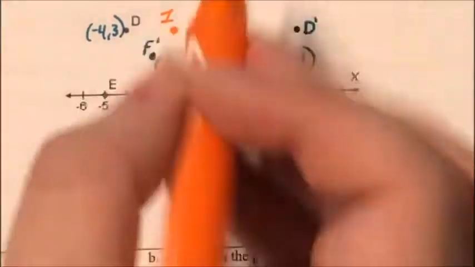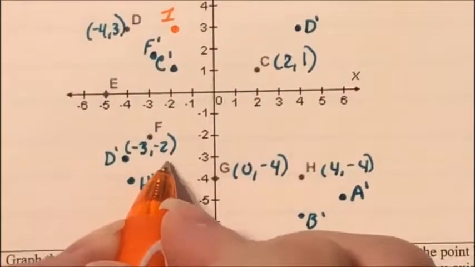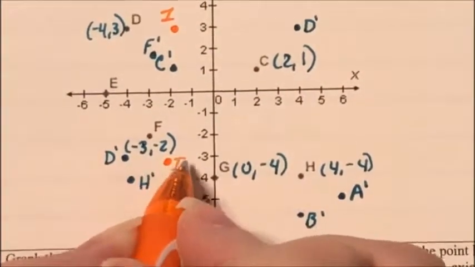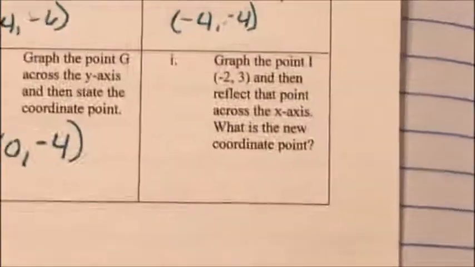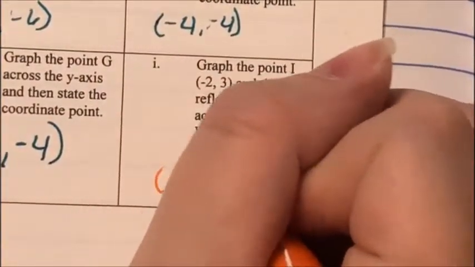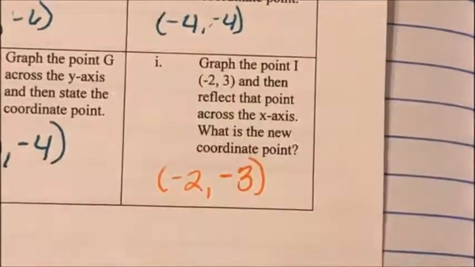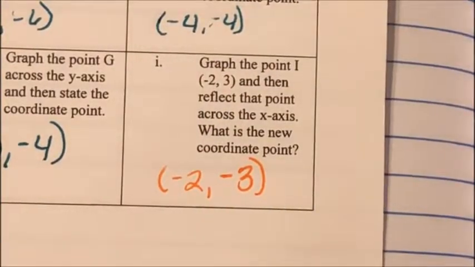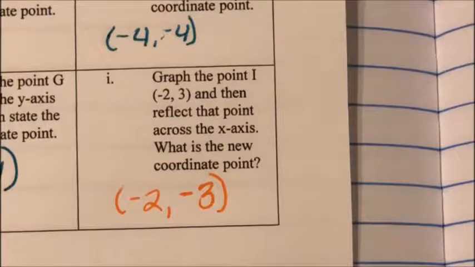So I want to do the opposite. It's going to be right here, so that's I prime. Okay, so because we graphed across the x-axis, the x value doesn't change, so that's -2. My y value changes, -3. And that is the end of lesson 7.